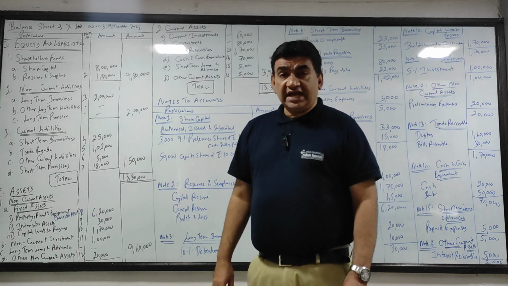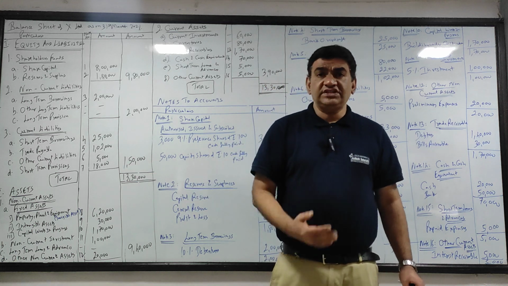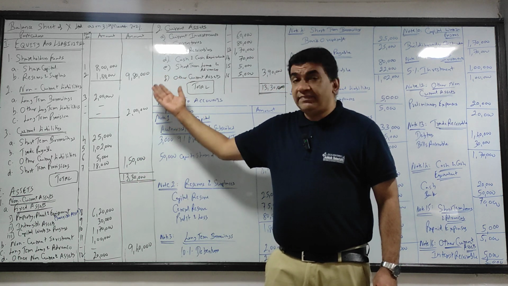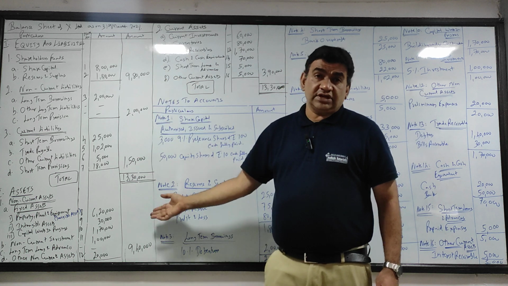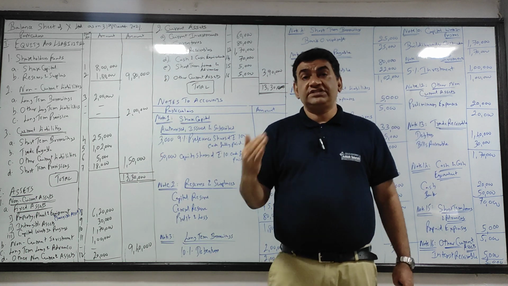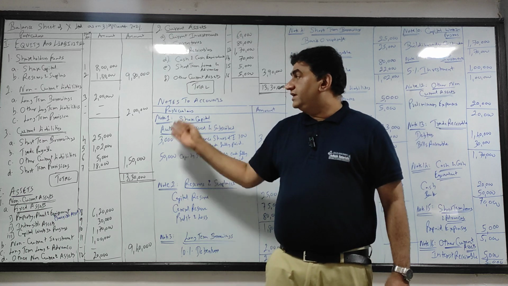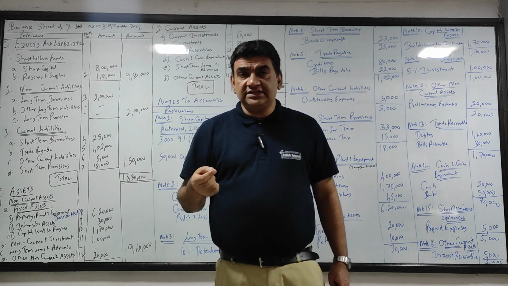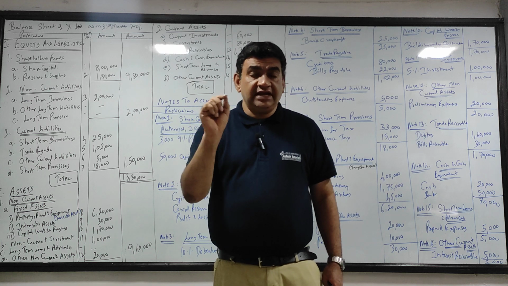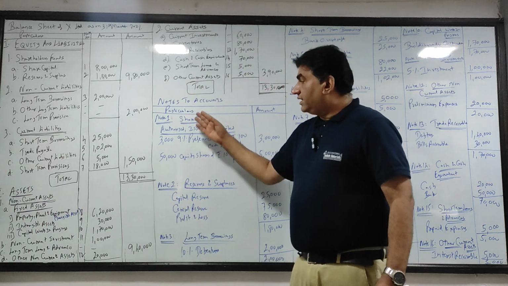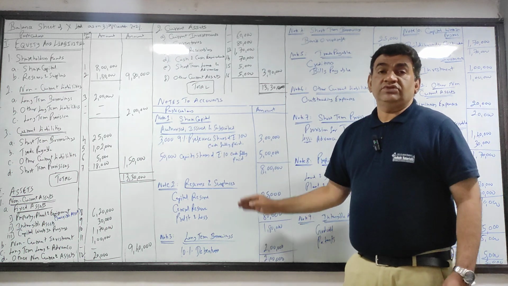Got it? So guys, in the first half of the session, we understood what the company's balance sheet is and what items come along with the classification. And then in the second half of this session, we solved a sum where I discussed how to proceed. First read the sum, give the headings, decide which item goes under which head, according to that make notes to accounts and leave a line.